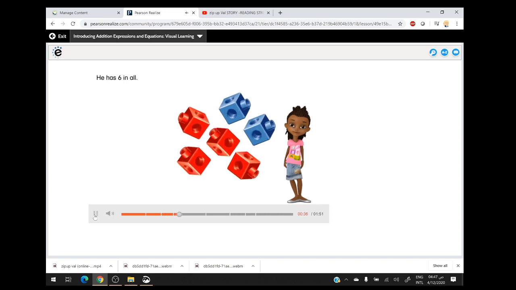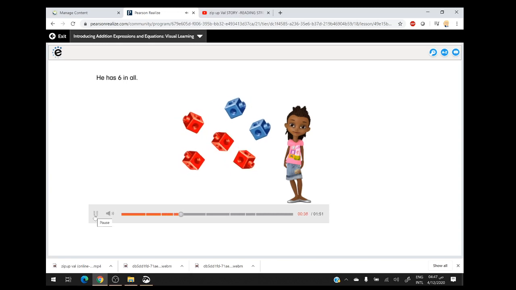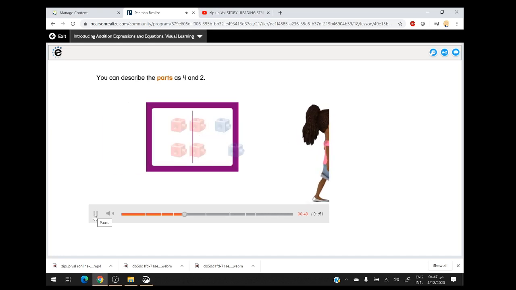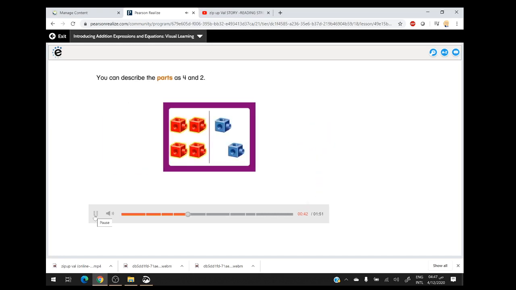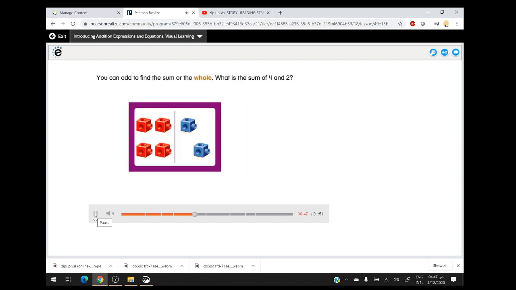He has 6 in all. You can describe the parts as 4 and 2. You can add to find the sum or the whole. What is the sum of 4 and 2? 6 is the sum of 4 and 2.